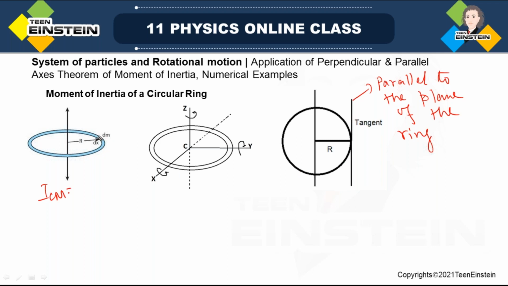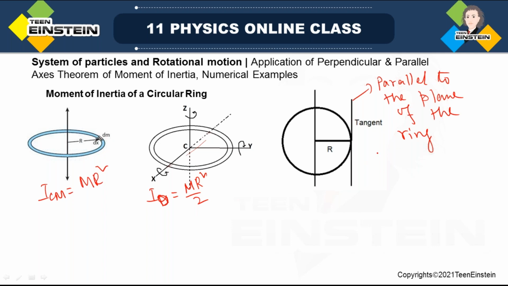So I have got ICM as mr square. This is ID, which is actually any axis which is passing through the center of mass, but parallel to the plane. This is actually ID, any diameter. This is mr square by 2.